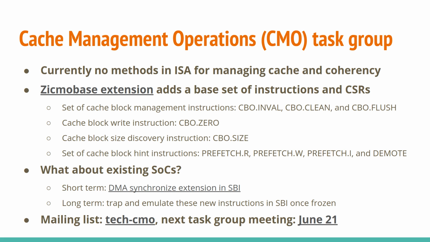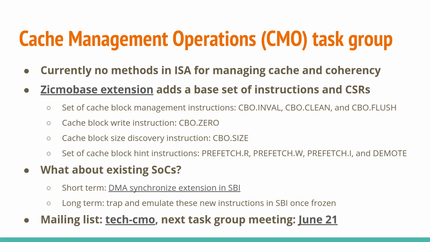And then for the long term, once this CMO extension is approved in the future, we can go back and trap and emulate those new instructions in SBI. If there's an unknown instruction, that automatically traps into SBI, and then we can handle it in there. So that's another longer term approach for these existing SoCs.